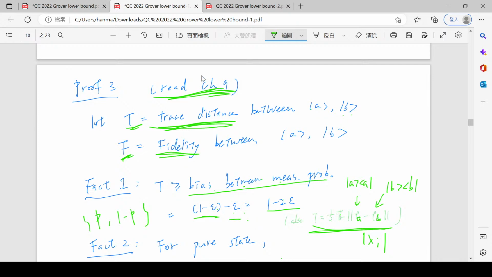If you study classical information theory about distinguishing distributions, those two are actually generalizations of classical distance measures between two distributions. Trace distance is a generalization of total variational distance, and fidelity is a generalization of classical fidelity. So it's nice to know if you already know those two classical things.